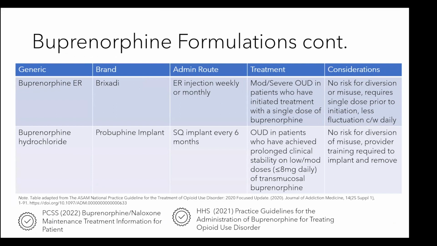It's a PCSS resource with patient information, under the patient education section, for maintenance and treatment information. And then I have included the HHS practice guidelines for the administration of buprenorphine for treating opioid use disorder as well. They're more so like a policy statement.